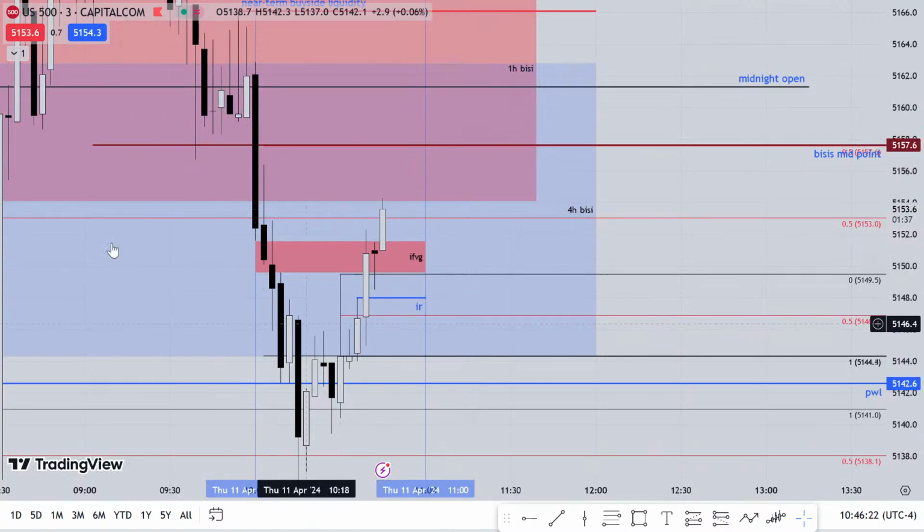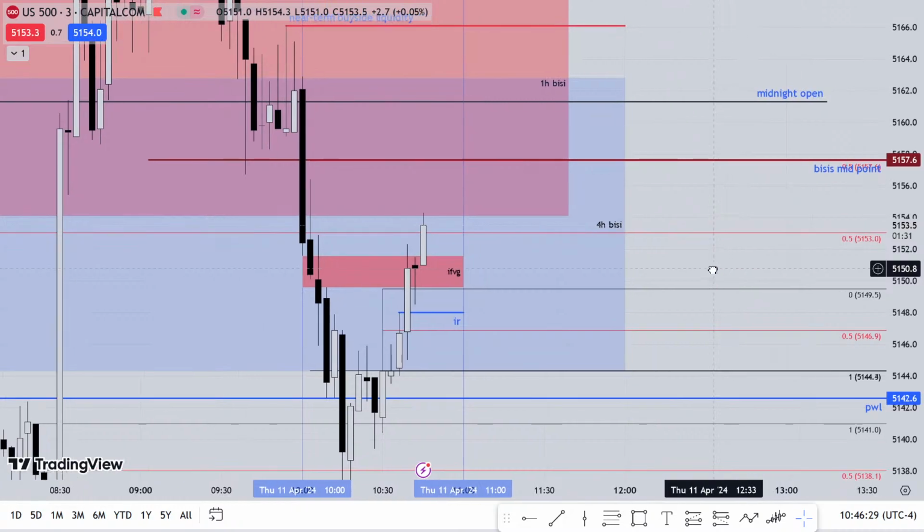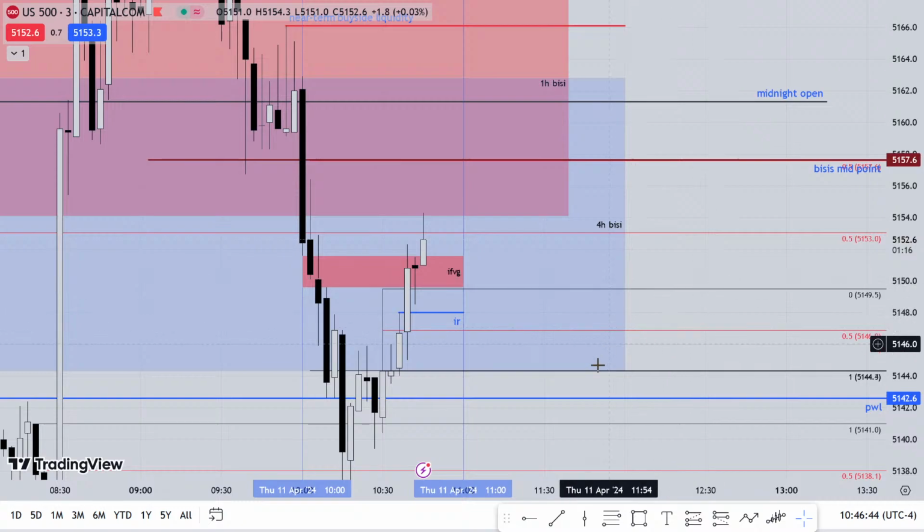I see people using indicators to plot out their PDRAs. That is actually more detrimental to your learning than beneficial, because you're creating a form of dependency on indicators.